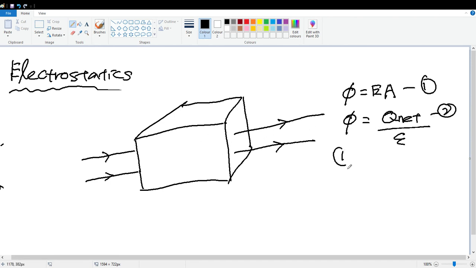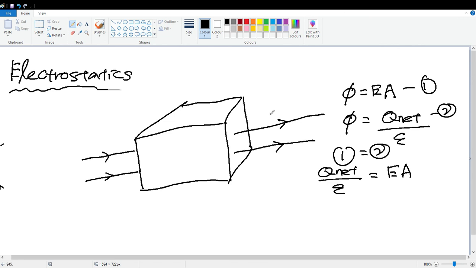Equating both equations, EA equals Q net over epsilon.